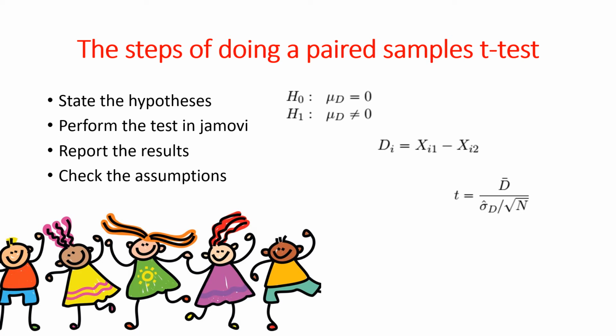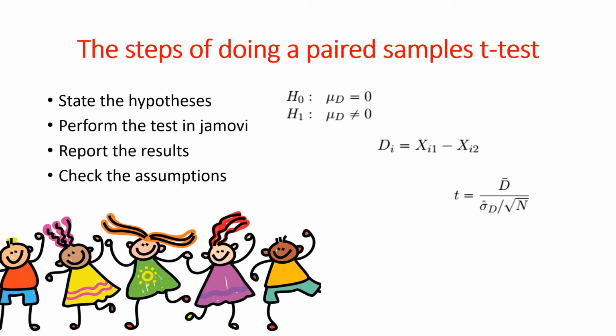So we had some people with aphasia who went through a treatment. We measured their anxiety before treatment and we measured their anxiety after treatment. And we want to see whether there is a difference between the means of the two tests or not.